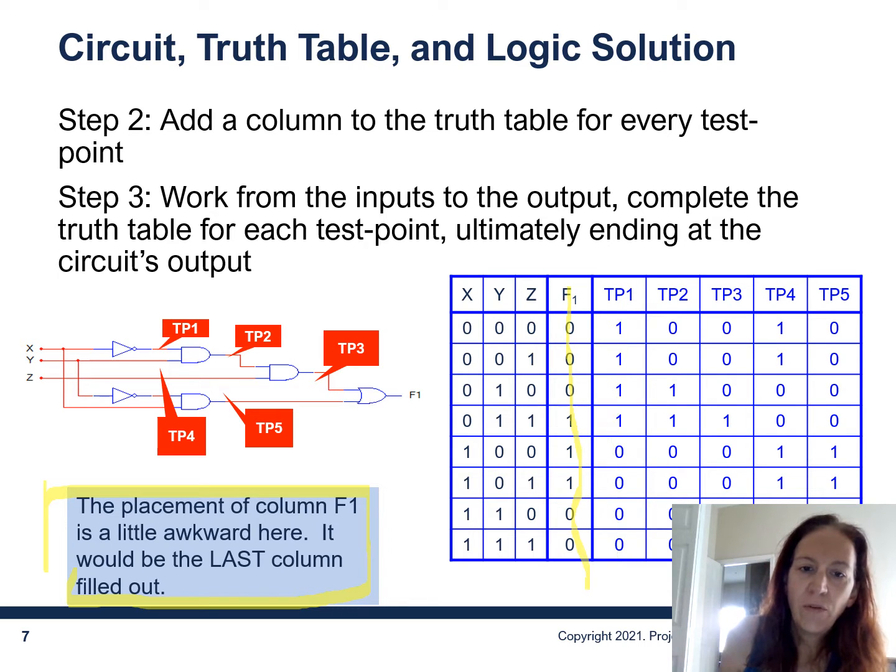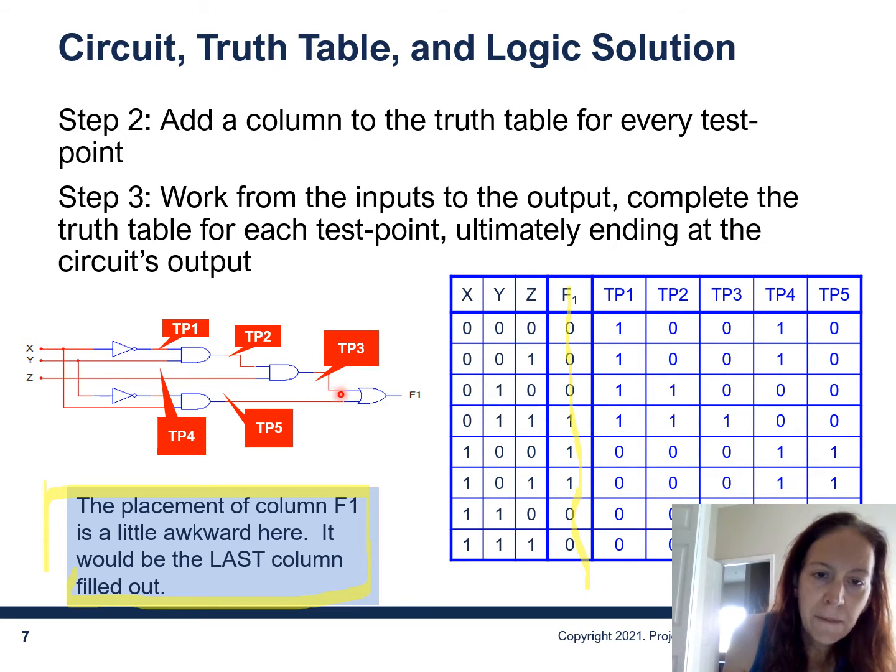Okay, moving on to test point 3. Test point 3 is the output of an AND gate, and the inputs to that AND gate are test point 2 and Z. Right there.